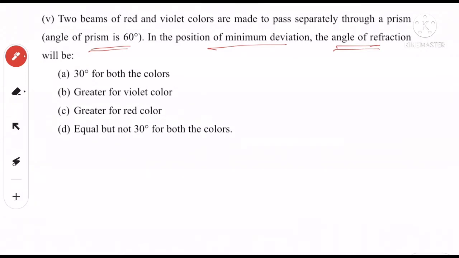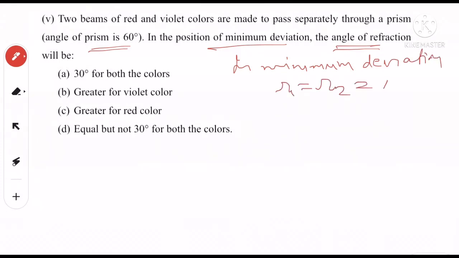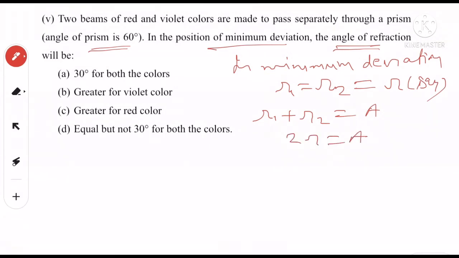Now in minimum deviation, as we know, angle R1 is equal to angle R2, and R1 plus R2 is equal to A. If we say this is R, then 2R is equal to A, or 60 degrees.